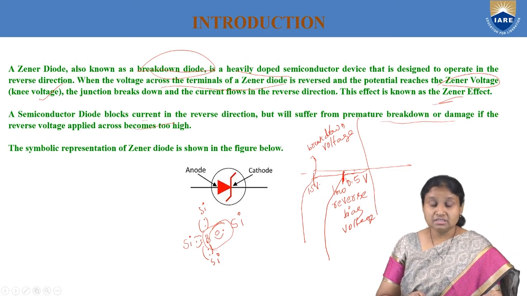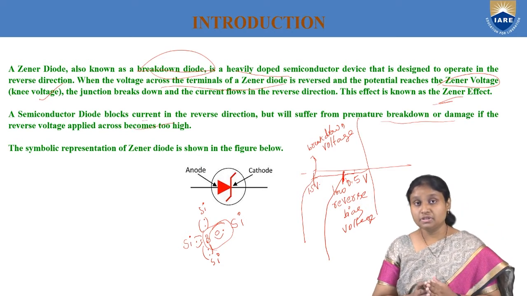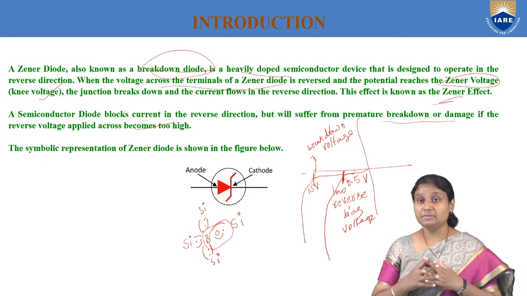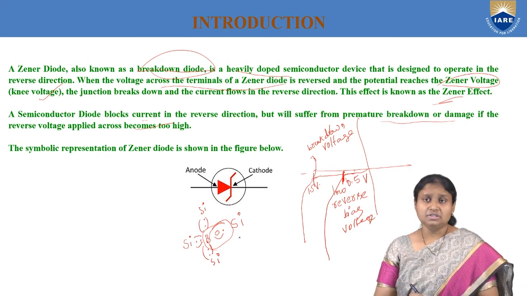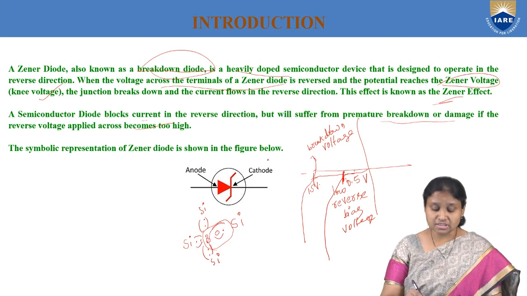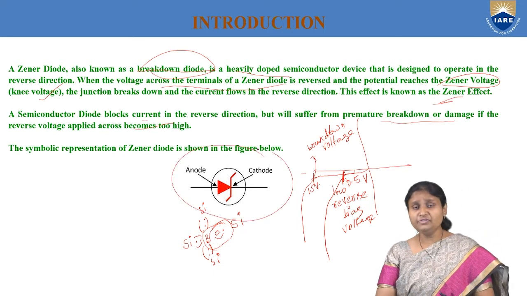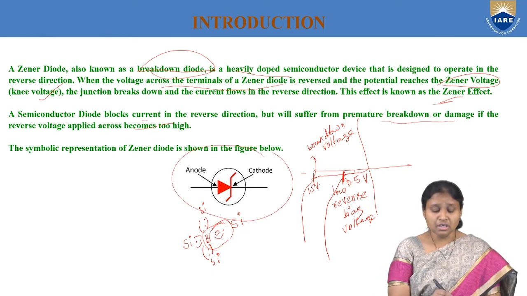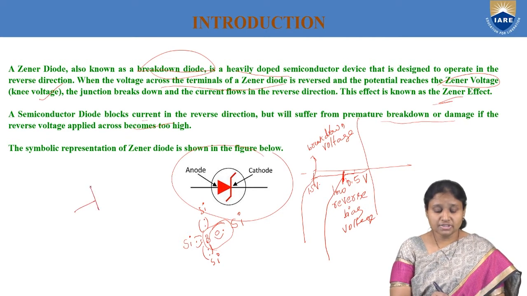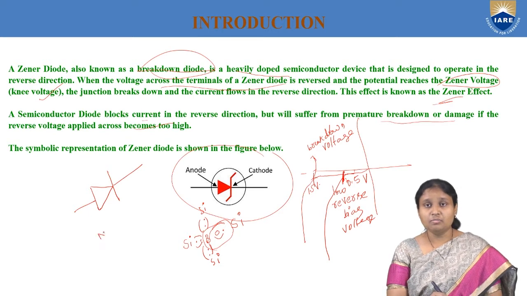And coming to this Zener diode, as we told you, this diode is formed with heavily doped p-type and n-type semiconductors. And what is the general symbol for a Zener diode? This is our symbol. If we compare with our normal diode, generally we draw one triangle followed by one vertical line. So this is our normal diode.